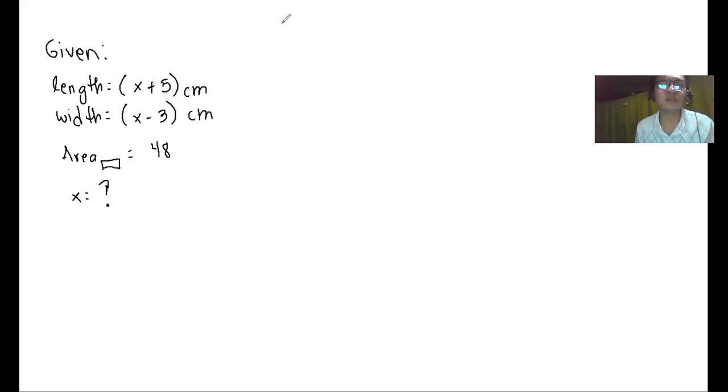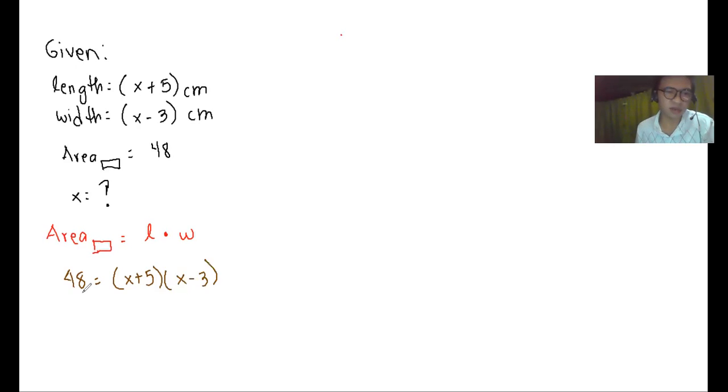So let's have a review first. According to your elementary days, the formula for the area of a rectangle is equal to length times width. So substituting the given, we have the area of the rectangle, 48, equals length given by x plus 5 and width given by x minus 3.